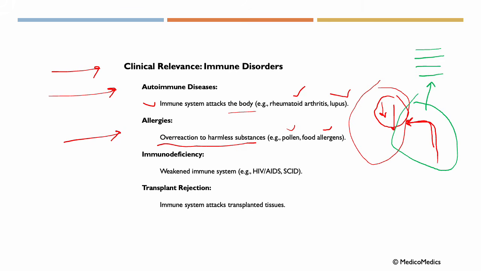Like you get an urge to itch, scratch yourself, or you have fluid running out of your nose, let's say, or your eyes when you're exposed to some harmless substance like pollen. And that can be in and of itself a problem.